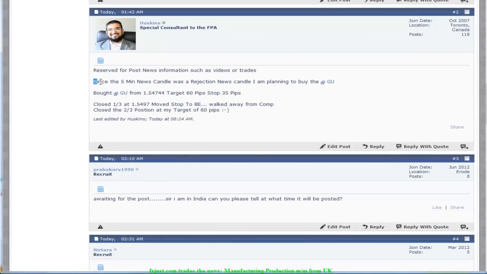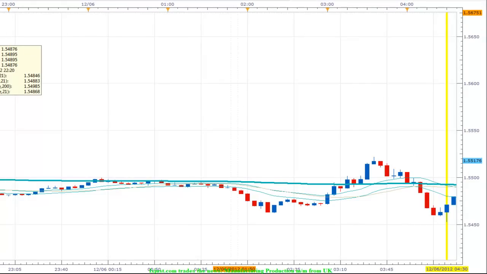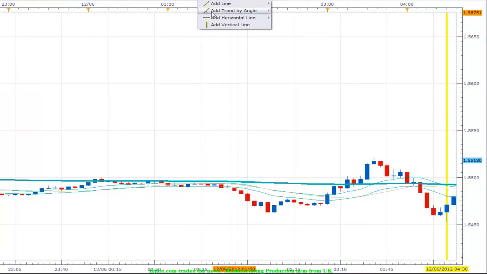I said that I was going to buy the GBP/USD since the 5 minute news candle was a news rejection candle, and I went long from 1.5474. So let's draw a horizontal line right there.